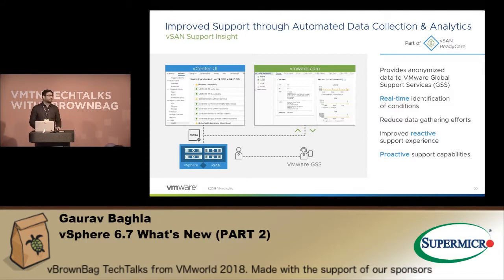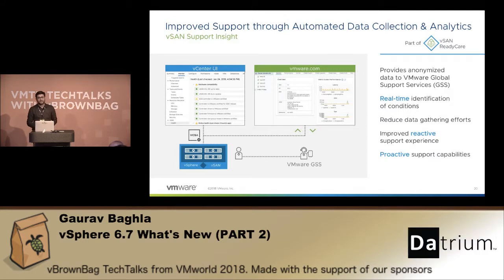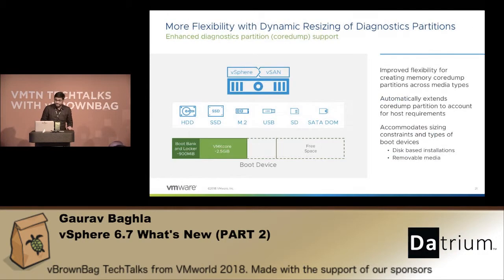We would collect certain information from your environment, basically for real-time identification only, and then when you log a case with VMware, there would be no back and forth going, oh, you have to upload the log bundle. That means you would really have a faster response, because GSS might have access to a lot of details when you log the case, and there are additional proactive support capabilities with GSS now.